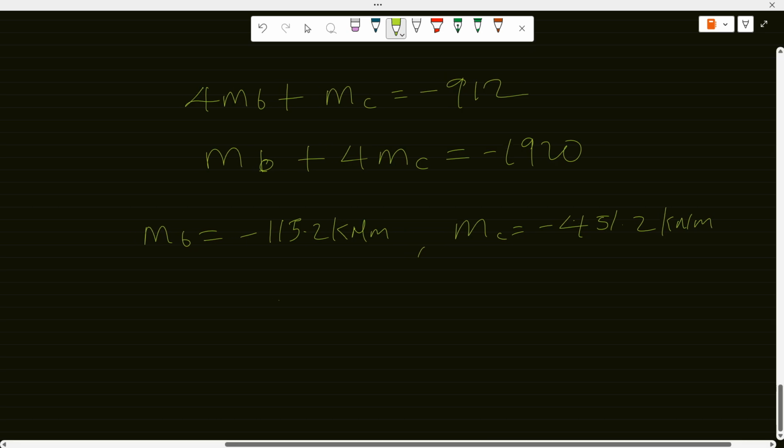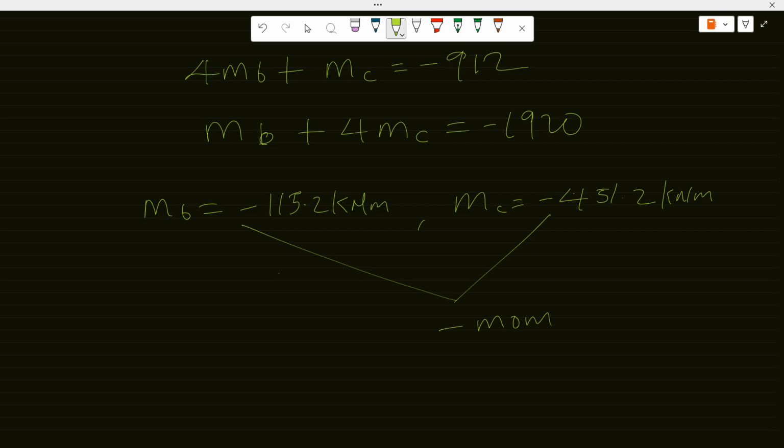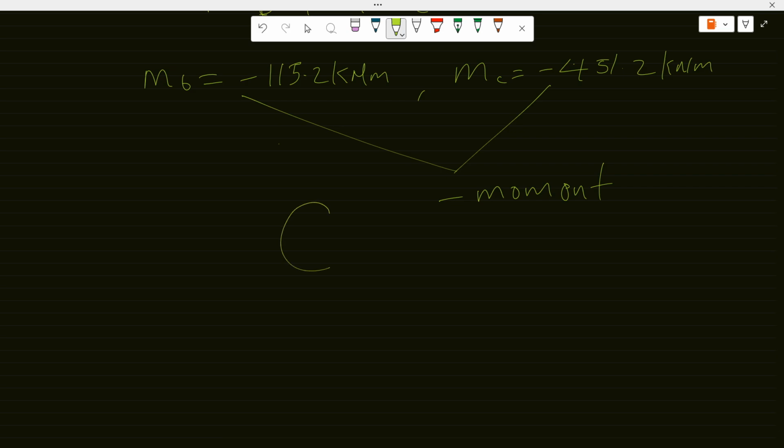So notice that the moments are negative. Relating this to the bending moment convention that we use to solve our bending moments, when it's like this, these are hogging moments and they are negative moments.